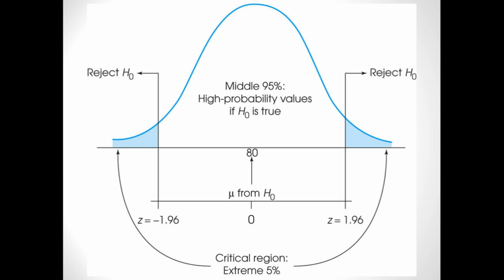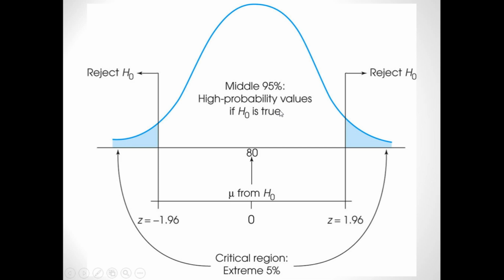So we have, in the case of the normal distribution, a representation of the critical region, which is the region painted in blue. For the normal distribution of mean 0 and standard deviation 1, 95% is the high probability value if H0 is true.